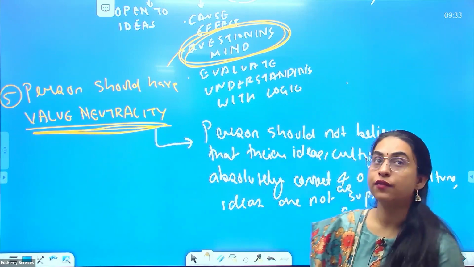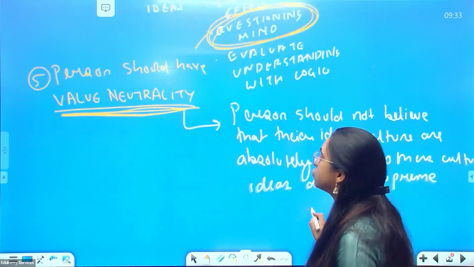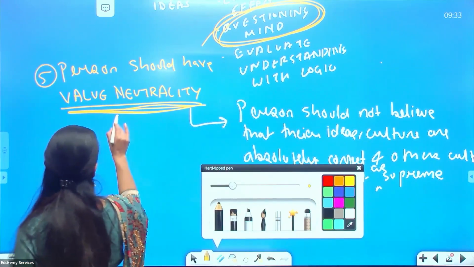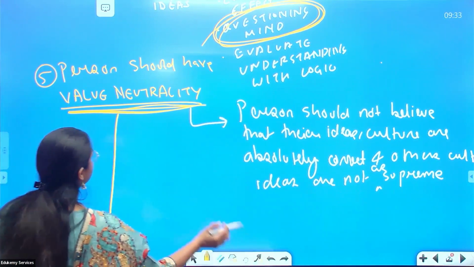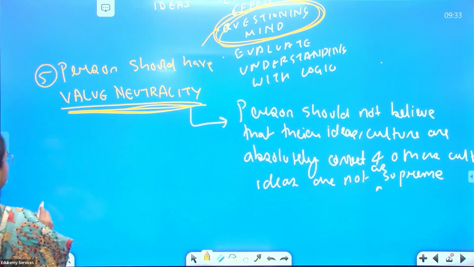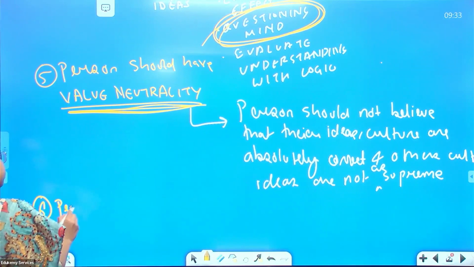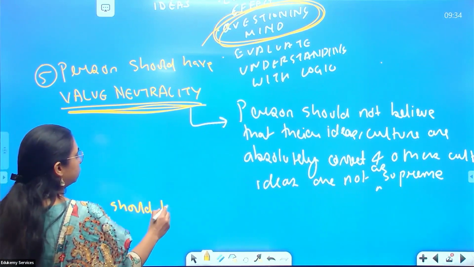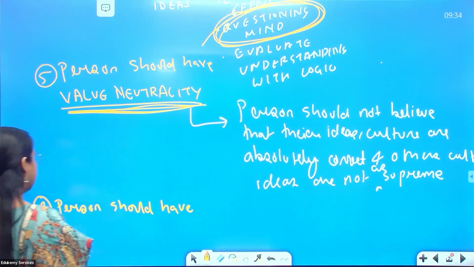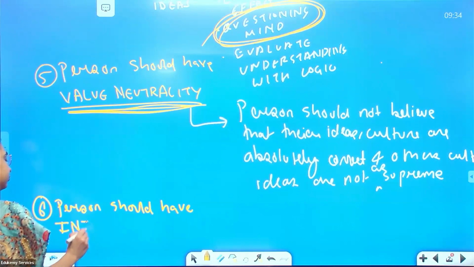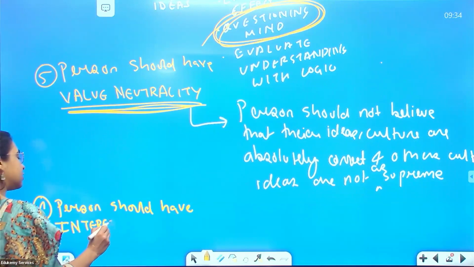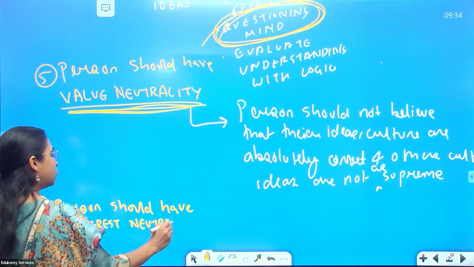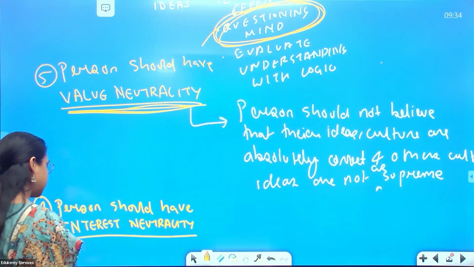A person should have value neutrality, and a person should also have interest neutrality.